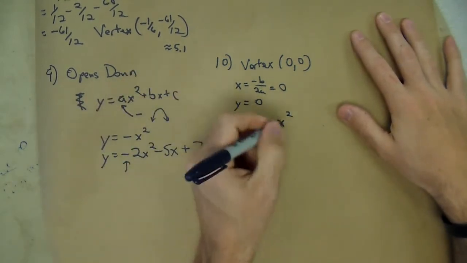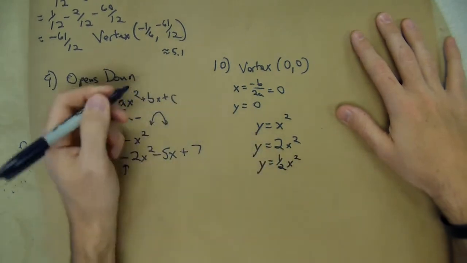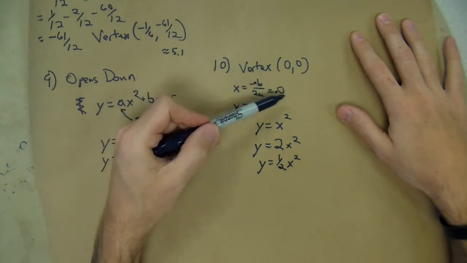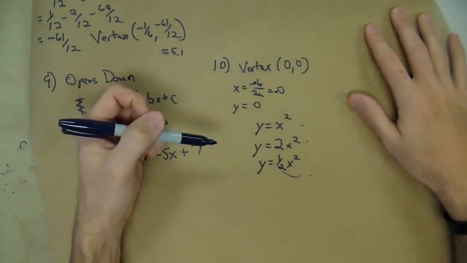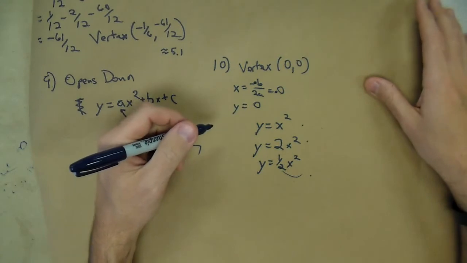Anything with an x squared by itself will go through the origin. Basically, we need no b value, because if you have no b value, x comes out to be 0, and then you have nothing added on, it comes out to be 0 as well. So just leave it as an x squared, throw a coefficient if you want in front of it, make it open up or down, but it'll always go through the vertex.